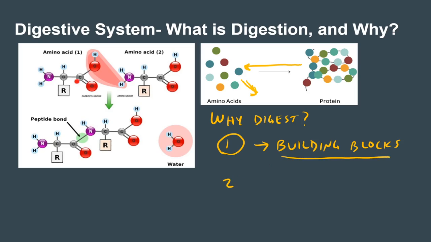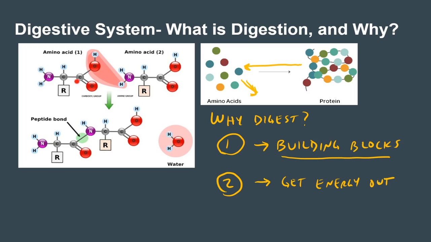The second main reason is, I don't know if you remember, but a lot of times when we talked about chemical reactions, and remember, when you're breaking these apart to make building blocks, that's also a chemical reaction. A lot of times when you break molecules, you get energy out.